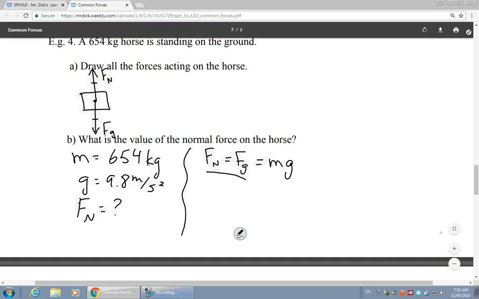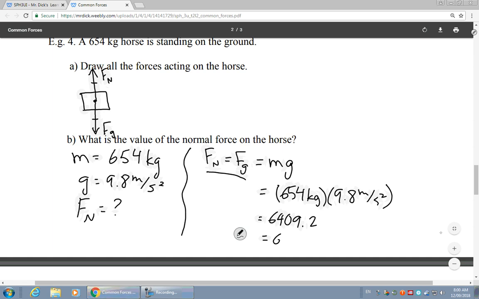So I can plug in what I know, 654 kilograms times 9.8 meters per second squared. And when I do that, I get 6409.2, or approximately, well, in this case, this should have 3 sig digs in it, so that would be approximately 6,410.